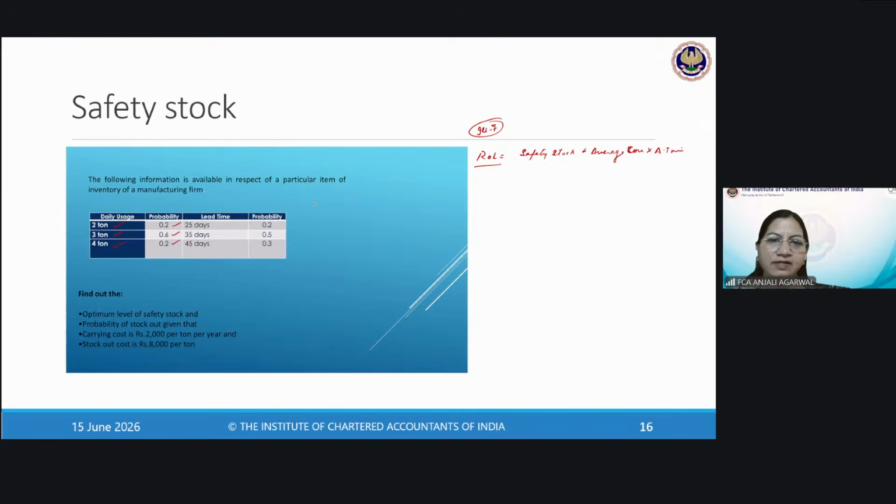So we can calculate your average consumption, or expected value of your consumption, from these figures. Your average consumption is given by, if you remember your statistics in quantitative aptitude foundation, summation XiPi. So it is 2 into 0.2 plus 3 into 0.6 plus 4 into 0.2.